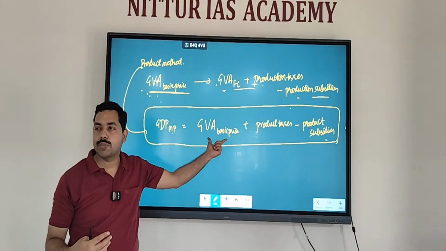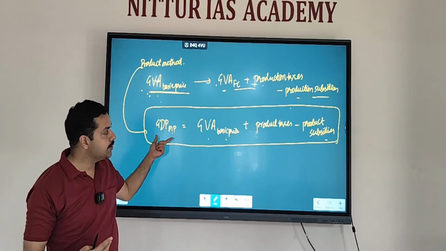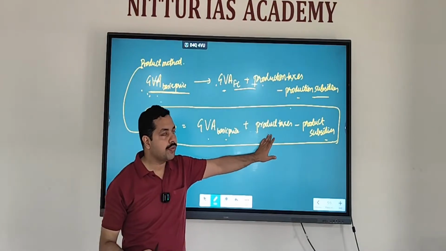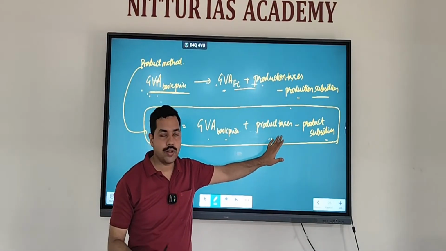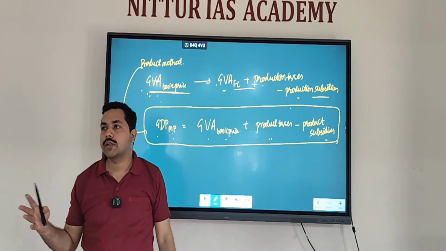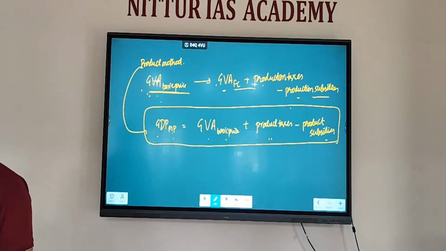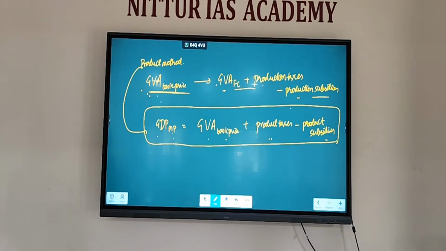From GVA at basic price, you calculate GDP at market price. For that you have to add product taxes and subtract product subsidies. This is how we calculate GDP at market price, and this method is called the product method. Any doubt regarding this?